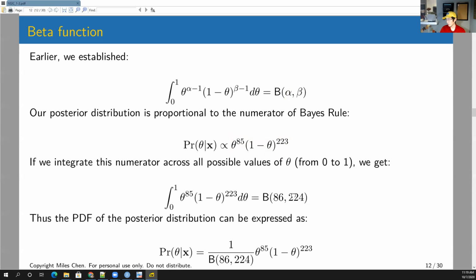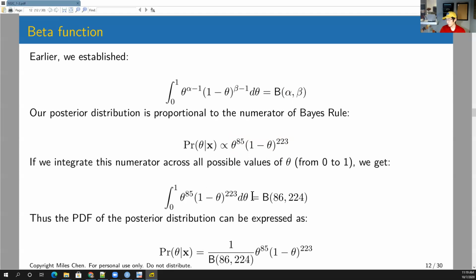Because we're taking advantage of the fact that from the beta distribution, we know that the entire PDF integrates to 1, and therefore this portion of the PDF integrates to this. Is that okay?